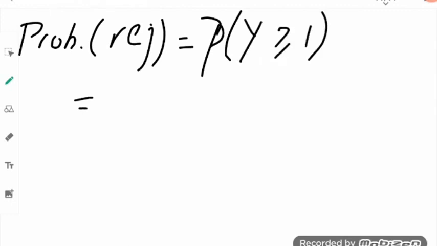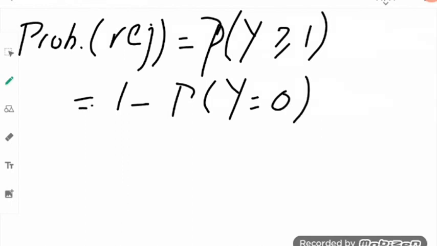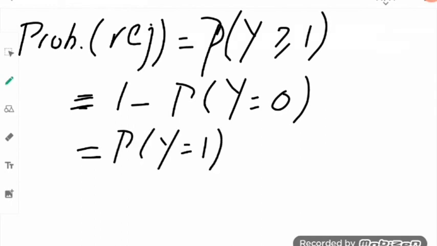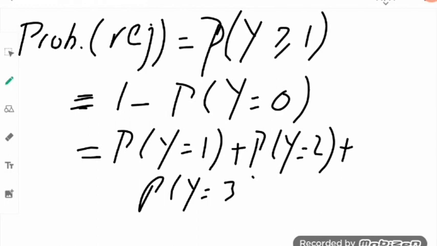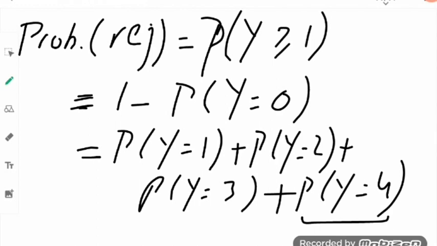which is 1 minus the probability that y equals 0, or it is very similar to the probability that y equals 1 plus the probability that y equals 2 plus the probability that y equals 3 and the probability that y equals 4, because we know that the total number of defectives can never exceed 4.